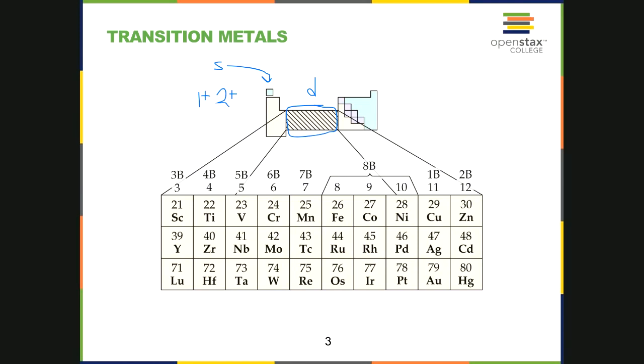Then if you've got aluminum right here, it's going to be 3 plus, and then after that you're out of the metals and you're into the non-metals, and that's a whole different story. But nearly everything in this middle area here where the D block is, I should say, most of those elements can have more than one oxidation state. So that's on this next slide.